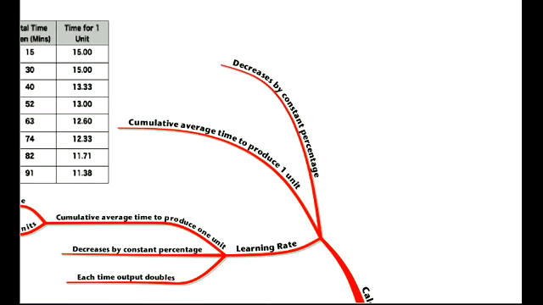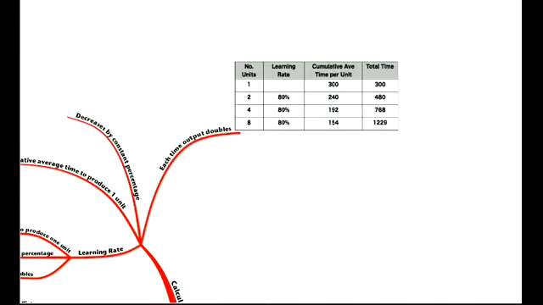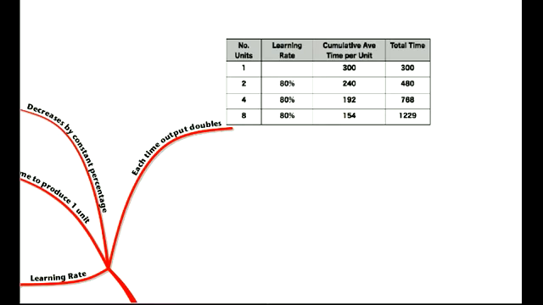Now that's just an example. In our other examples, we'll have a decrease by a constant percentage. So you'll be given a learning rate, for example, 80%. So it decreases by a constant percentage. How do you use that 80%? Well, you'll use it each time output doubles. So looking at this table, if our first unit took 300 minutes to produce, the total time being 300, output is doubled from 1 to 2.